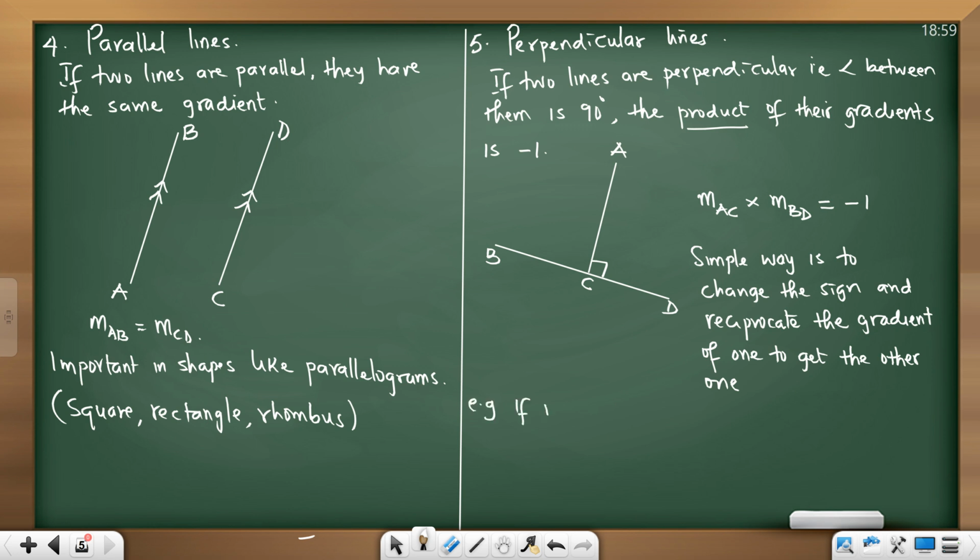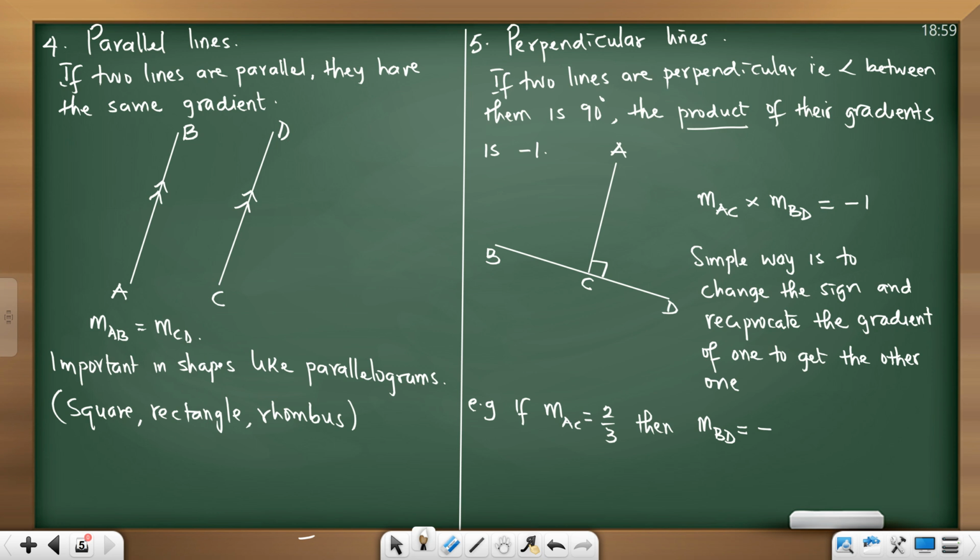Example, if the gradient of AC is a positive 2/3, then the gradient of BD has to be a negative.